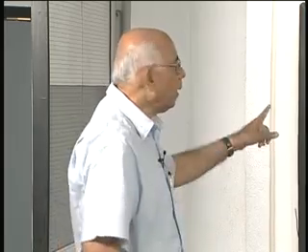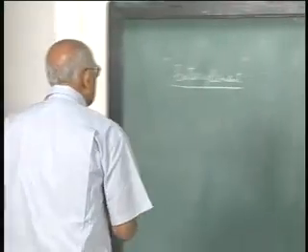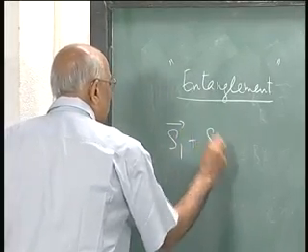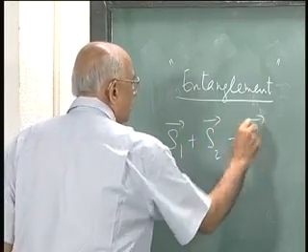Okay. Then the question is, what happens if I add the spins of 2 electrons? Each of them is a 2-level system if you like, and what if I add the spins of the 2 electrons? What are the possible eigenvalues of S1 plus S2? This is the total spin operator.